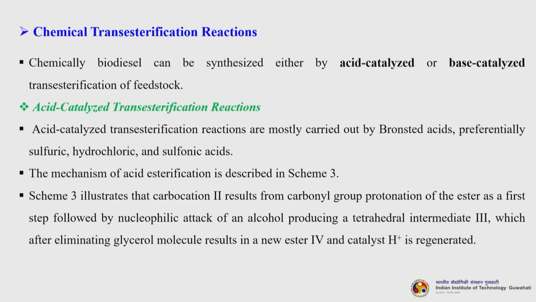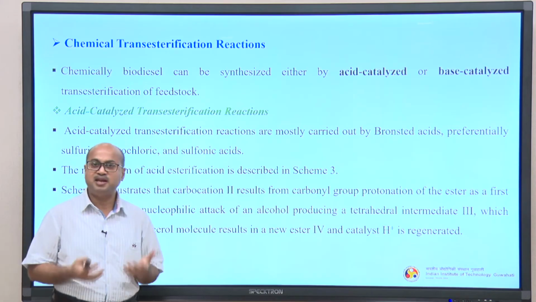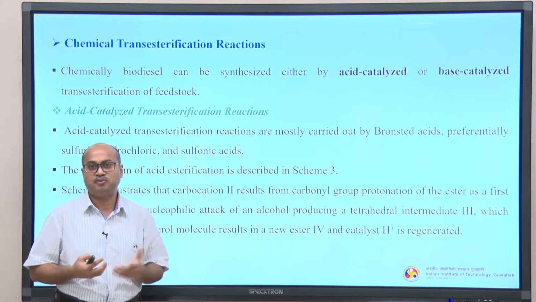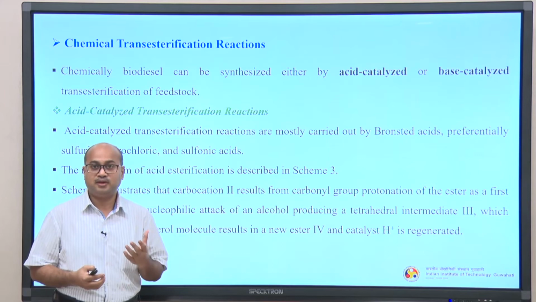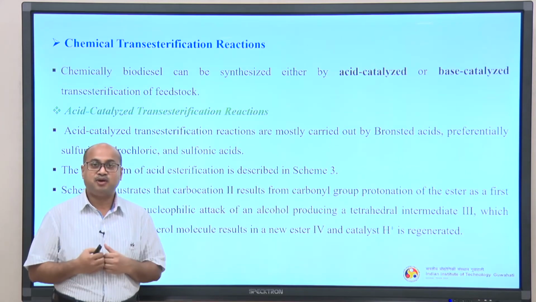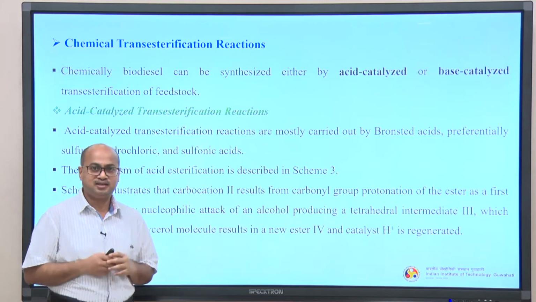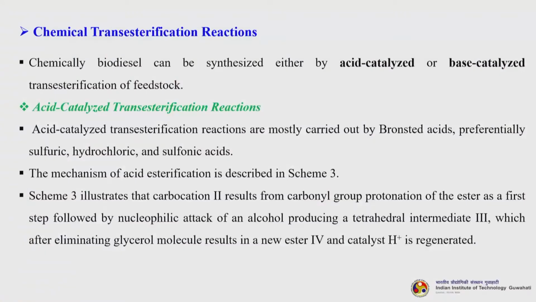The names Bronsted acid and Bronsted base you will come across many times in such reactions. A Bronsted acid is something which is ready to give a proton, and a Bronsted base is one which is ready to accept a proton. This is the general understanding of Bronsted acid and base.